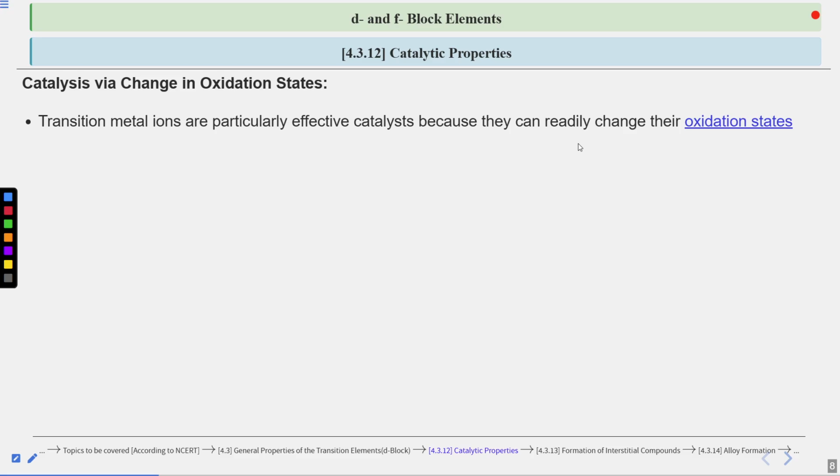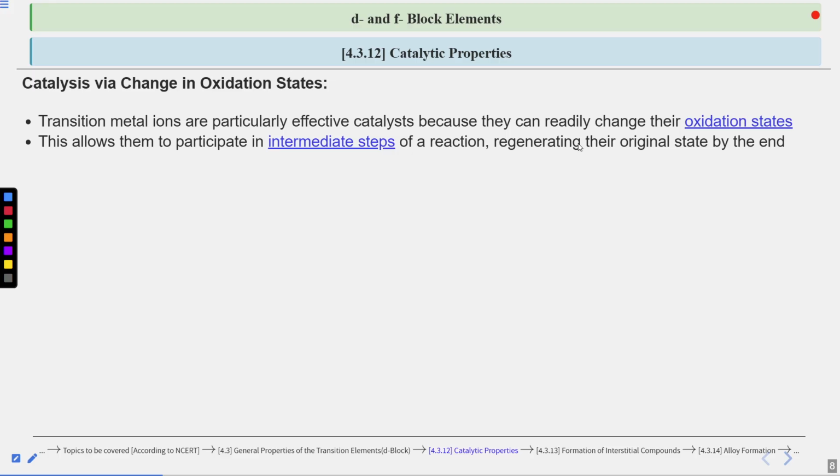This allows them to participate in the intermediate steps of the reaction, regenerating their original state by the end.